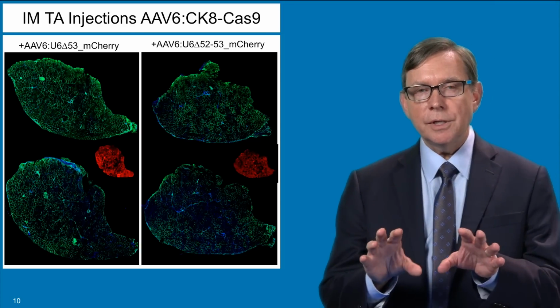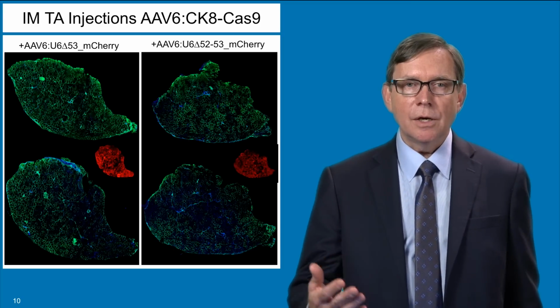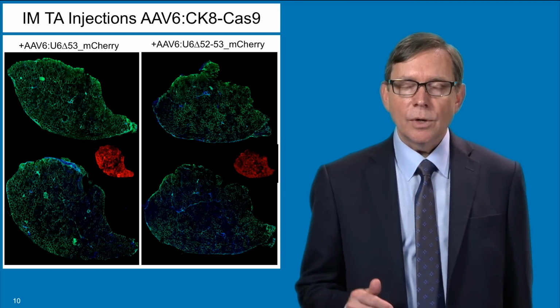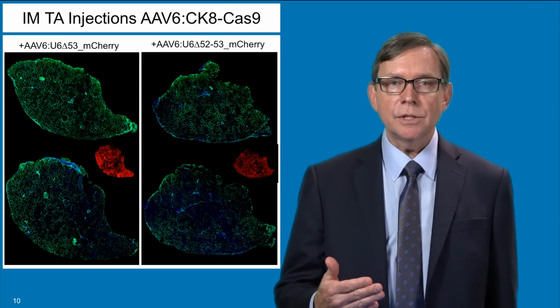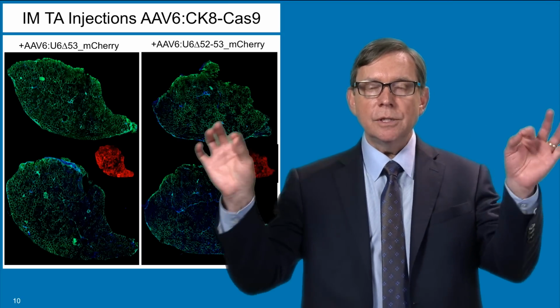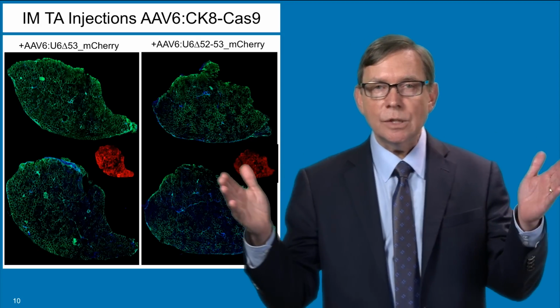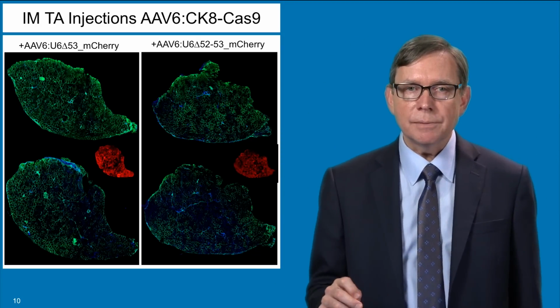And what I'm showing you here are results from the 2 different approaches. The one approach, which involves the targeted correction of the mutation in exon 53, or the delta 53 as we refer to it, and the second example where we've attempted to delete both exons 52 and 53 in order to restore an open reading frame around that mutation.